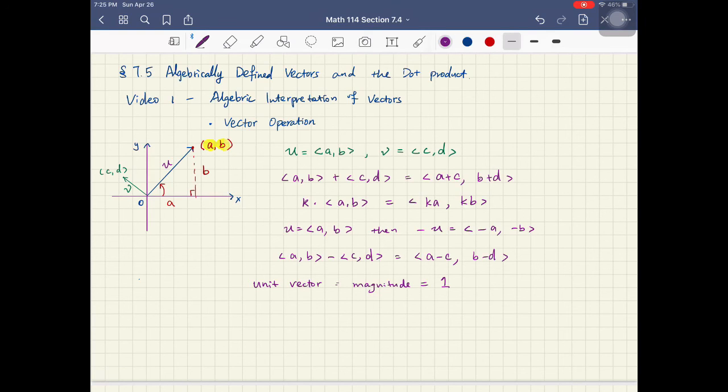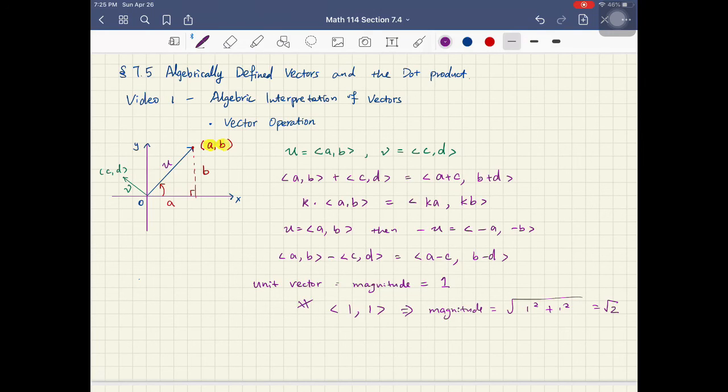Magnitude equal to 1 doesn't mean that, for example, the vector 1 comma 1 is a unit vector. 1 comma 1 will have a magnitude of square root of 1 squared plus 1 squared, which is square root of 2, which is not 1.